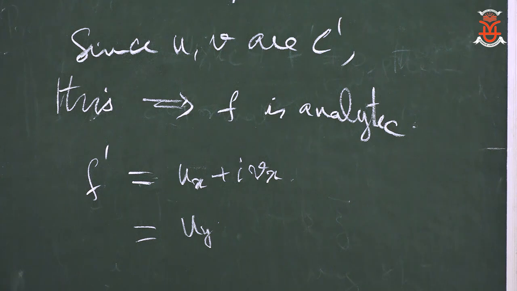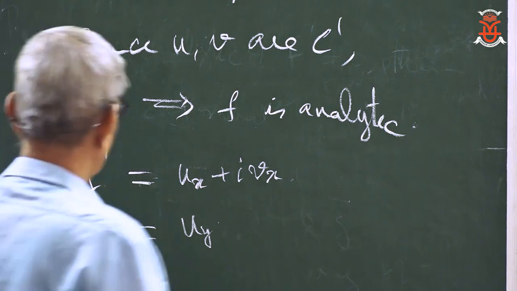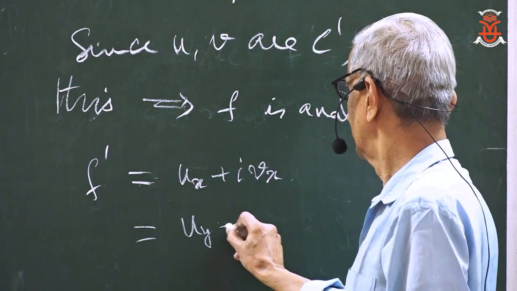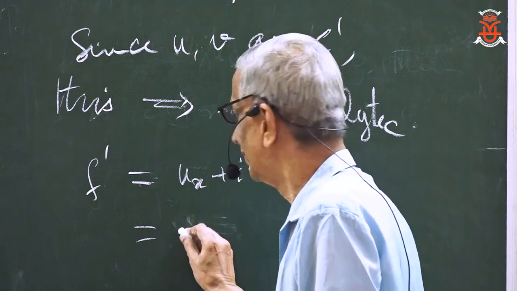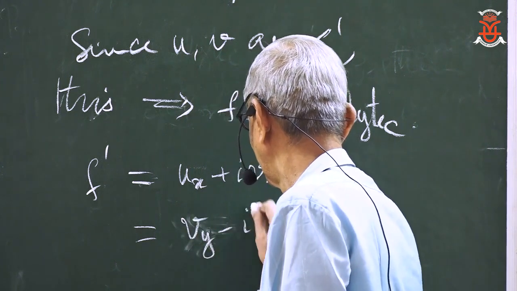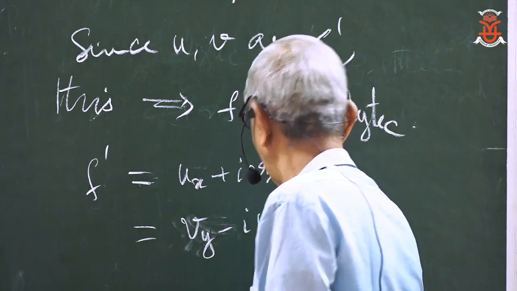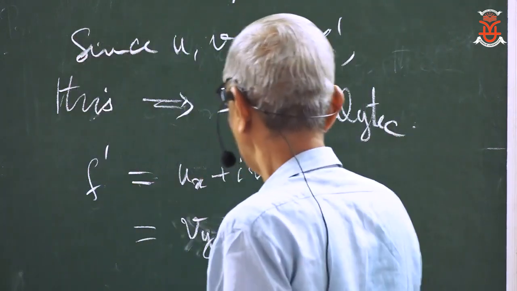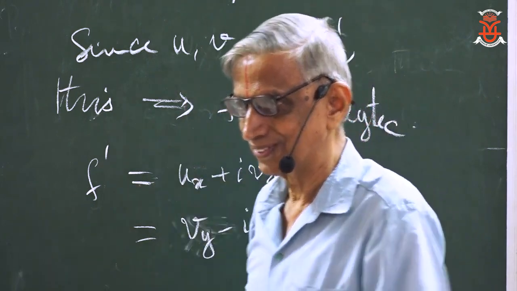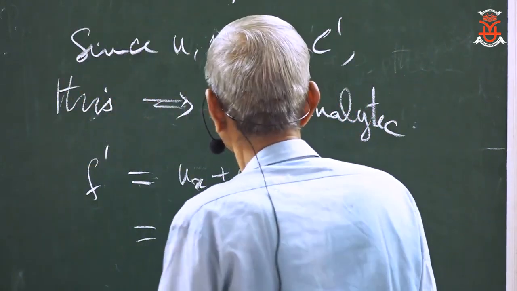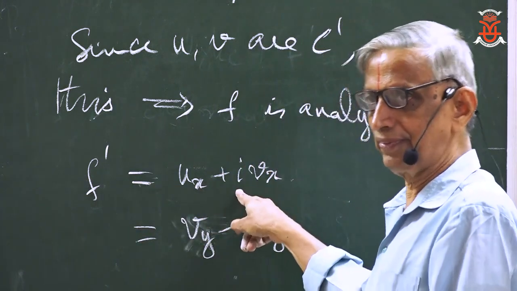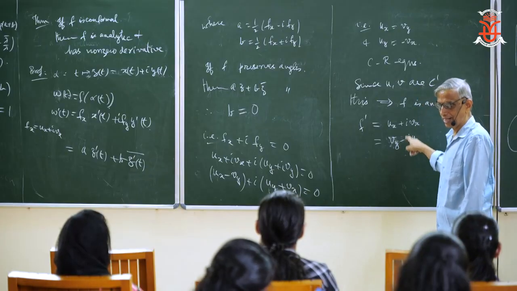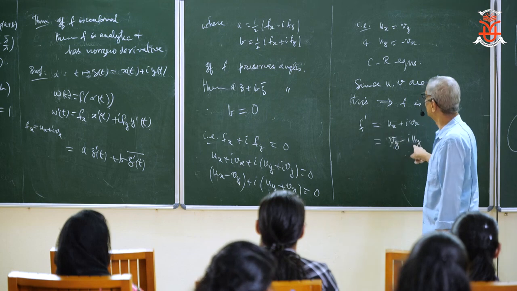Similarly, keep x fixed, vary y, you will get the other one. That's how we got the Cauchy-Riemann equations to start with. So you can write f prime as half of this plus this. This is f prime, this is also f prime, so if you add, you'll get twice f prime. So f prime is half of this.